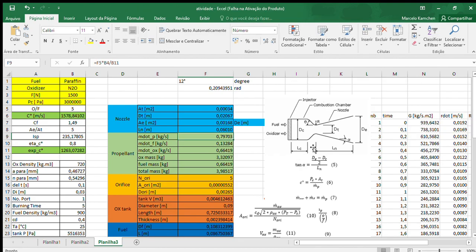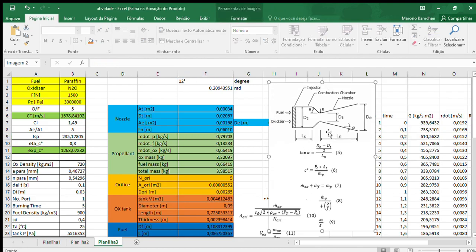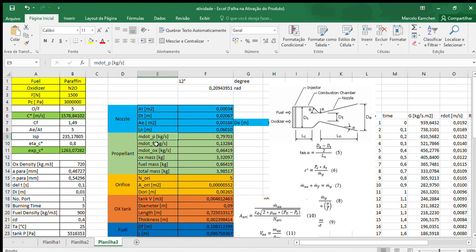From here, let m dot be the mass flow rate of the propellant, or oxidizer, or fuel. To calculate the m dot of the propellant, equation 6, the characteristic velocity equation, is used.